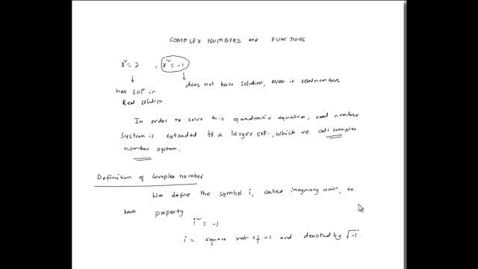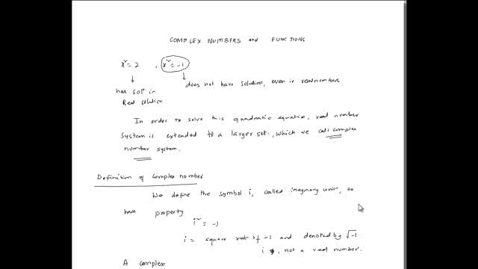Another point about i: it is not a real number, because no real number has a negative square. If you square any real number, it will be a positive value. So i is not a real number.